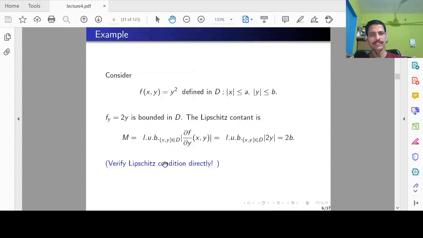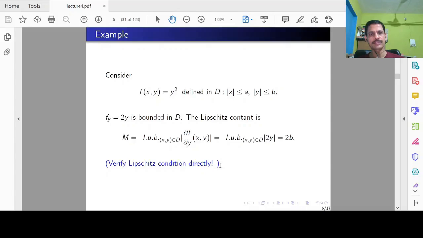One can verify this Lipschitz condition directly also. We have seen in our previous lecture that for a similar function we had shown that it satisfies Lipschitz condition directly from the definition without using the partial derivative of f with respect to y being bounded. So that you can apply here and see.